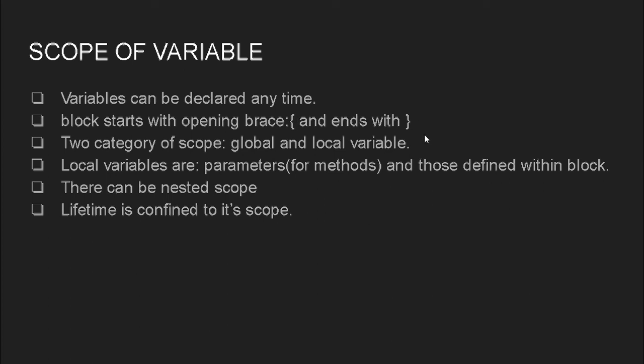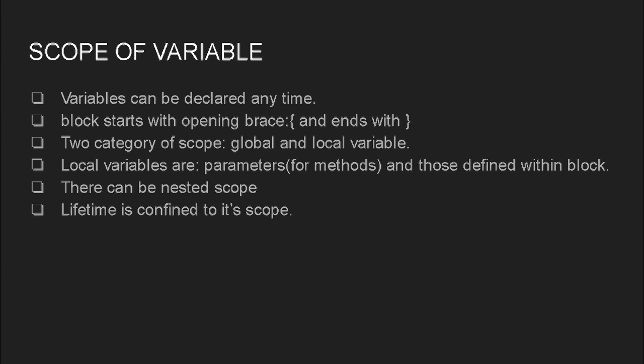As soon as the for statement ends, as soon as the compiler encounters the closing block of this for loop, it is going to destroy that variable because it is no longer needed, because that is a local variable. And that is why I was able to create another variable with the same name i. Basically in that program there were two variables named i, and the program did not throw any error because of the scope.